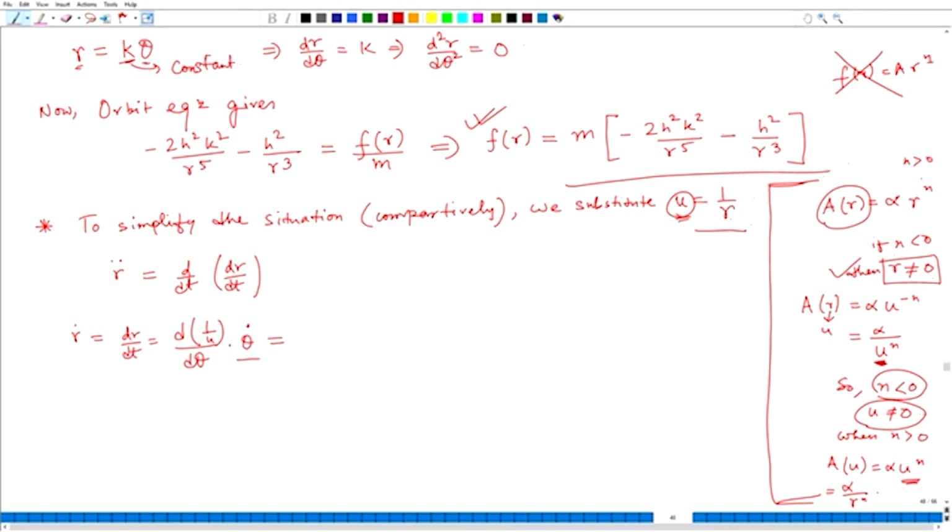Now what is theta dot? Theta dot is h by r square, that is equal to h u square. So I write that u square, and then d d theta of 1 over u is nothing but minus 1 over u square du d theta. So it is actually minus du d theta.